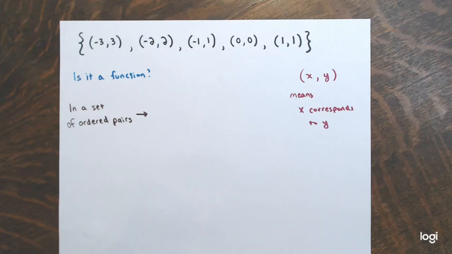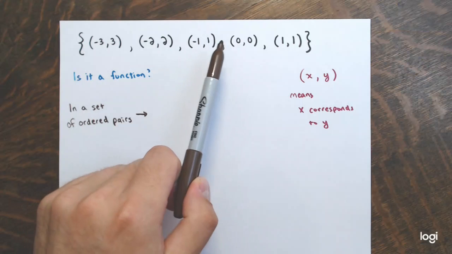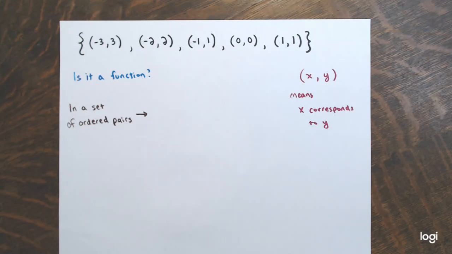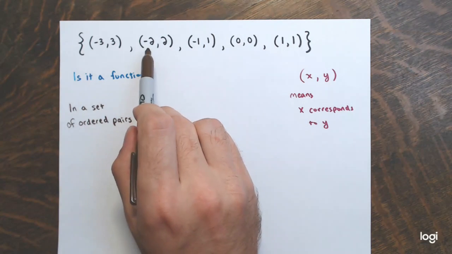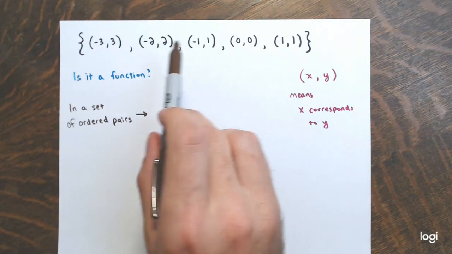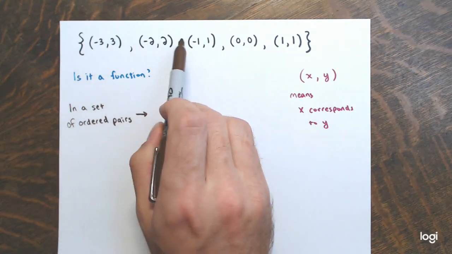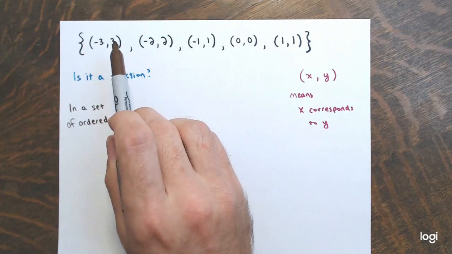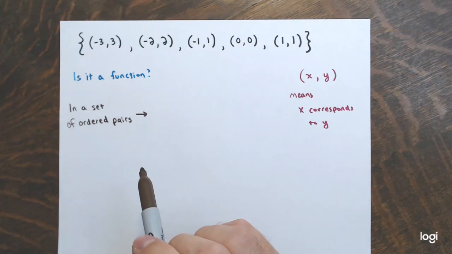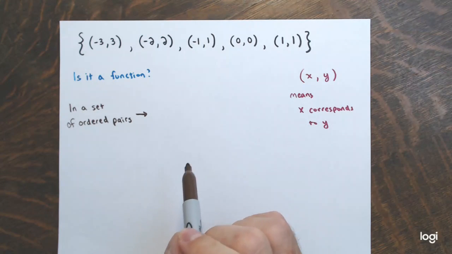So those are the ones you're looking at. If all the first coordinates are different, then that means that there are no values in the domain that map to more than one or less than one value in the range. But if you see a repeated first coordinate, and there are two ordered pairs with the same first coordinate and different second coordinates, then that's not a function. Then you'd have an element in the first set that corresponds to not exactly one element in the second set.